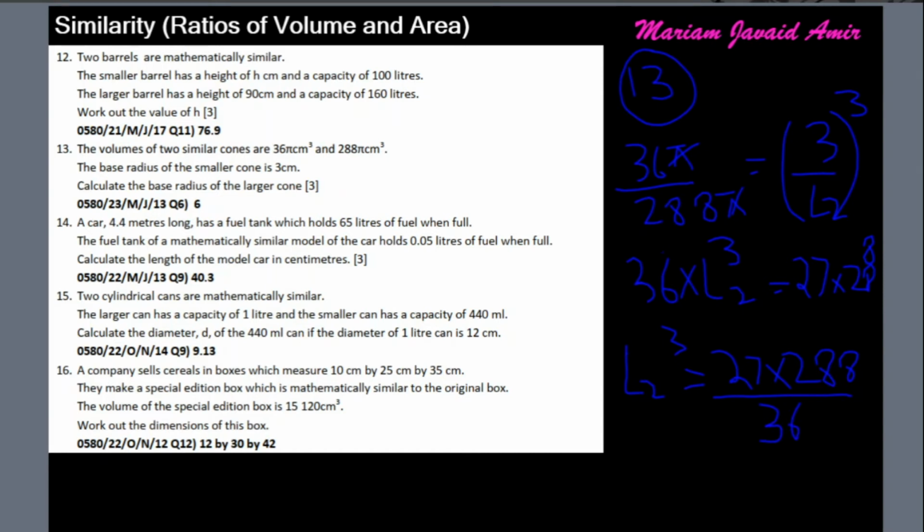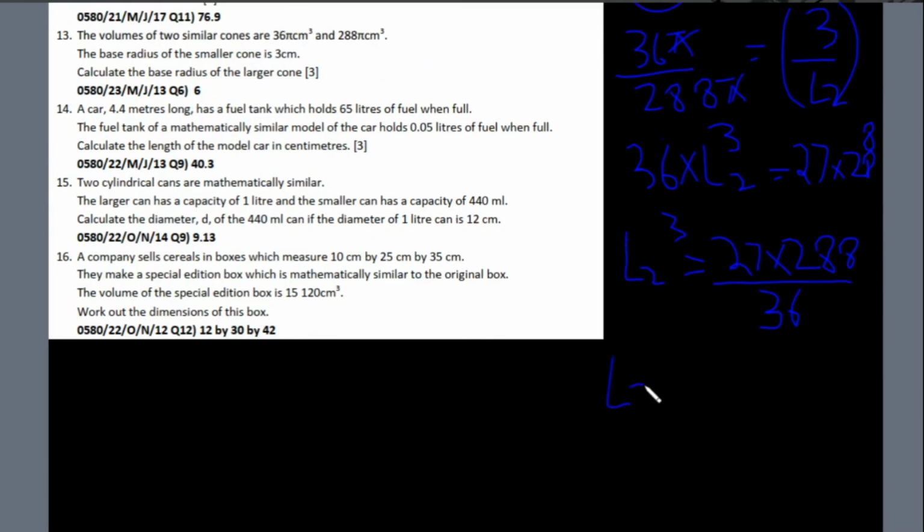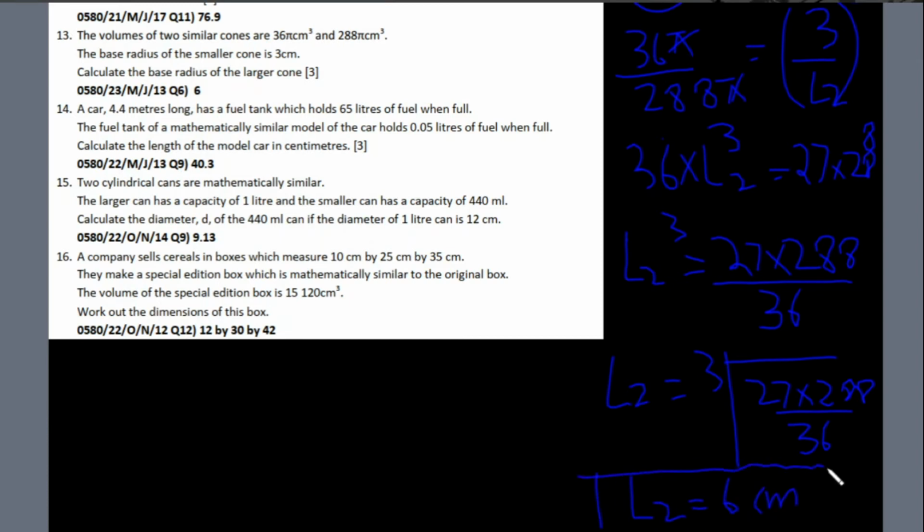Now take cube root on both sides, so we'll get L2 equals cube root of the fraction 27 times 288 divided by 36, which gives 6 centimeters. Answer for question 13. Okay.